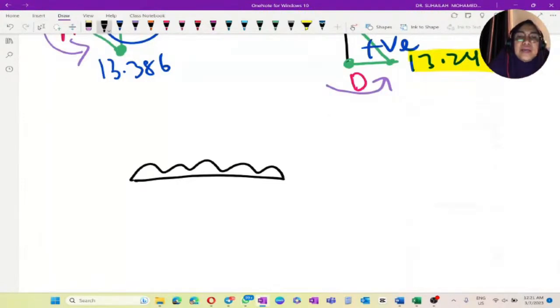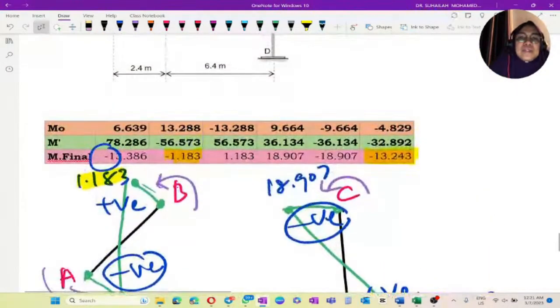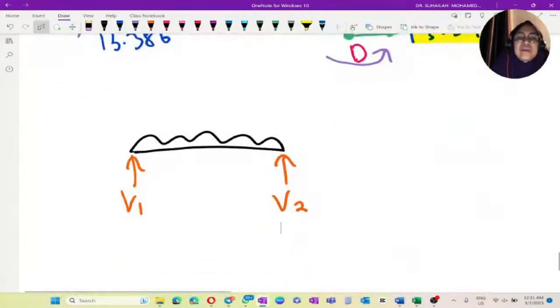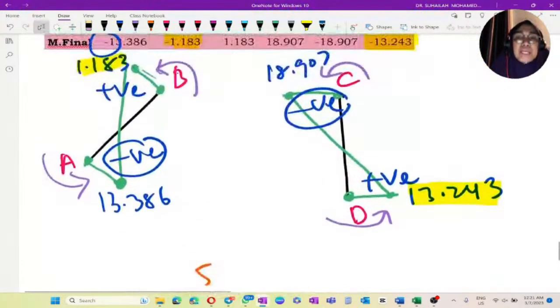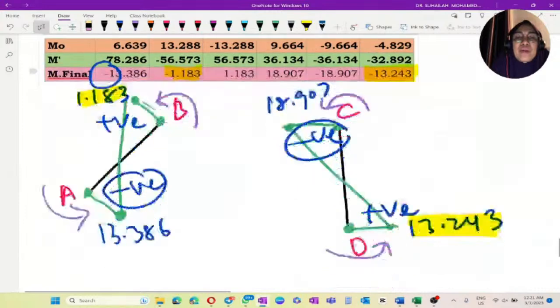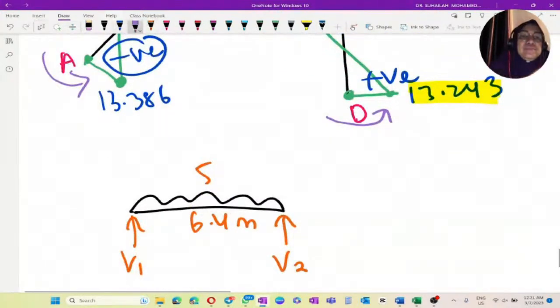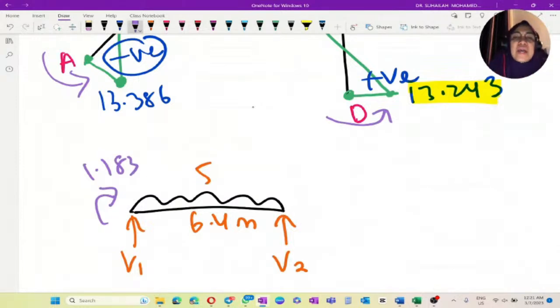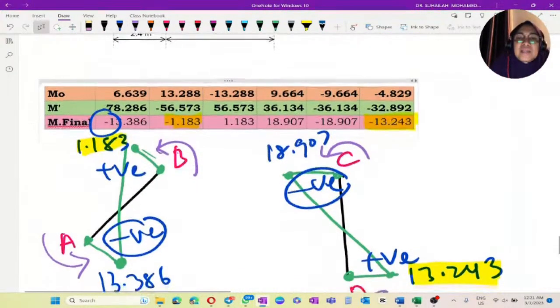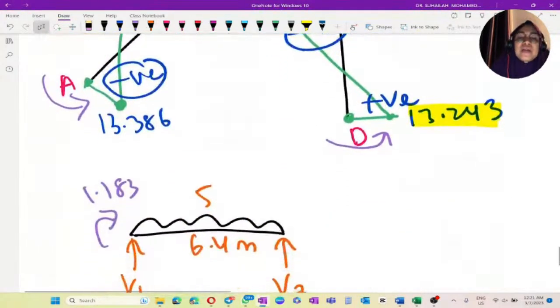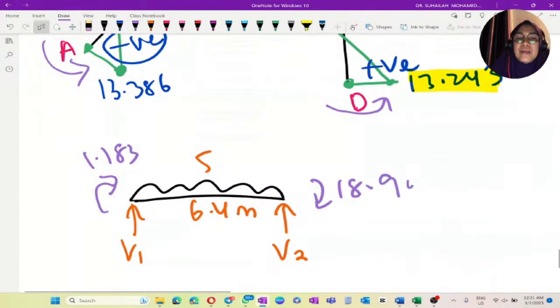This is the UDL of 5, with V1 and V2, and the length is 6.4 meters. The moments are MBC, which is positive 1.183, and MCB, which is positive 18.907. So this is the diagram for BC.